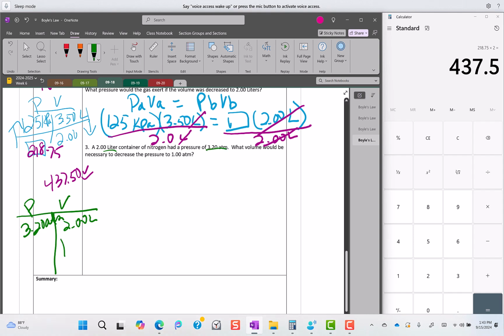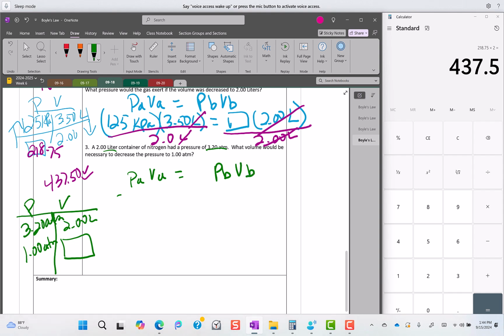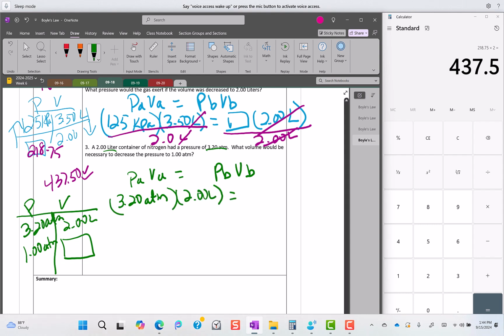What would be the volume needed to decrease the pressure to 1.0 atmospheres? All right. So PA, VA equals PB, VB. So that's 3.20 atmospheres times 2.0 liters equals 1.00 atmospheres times our unknown volume, which is just going to be the box.